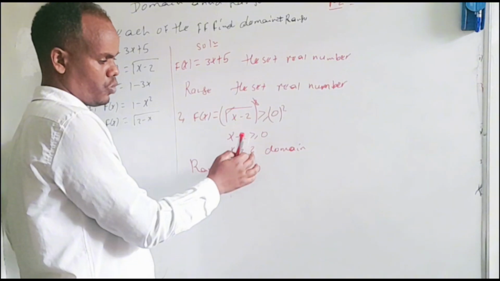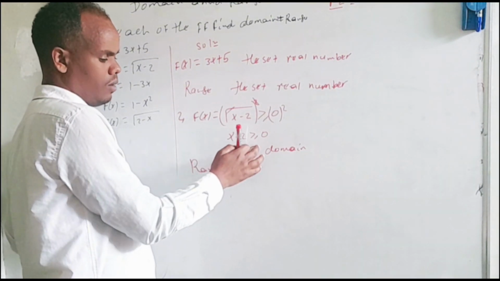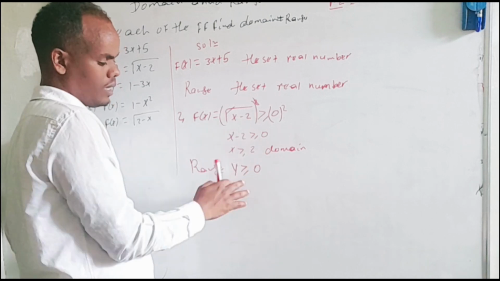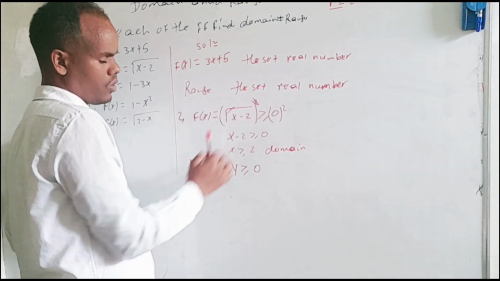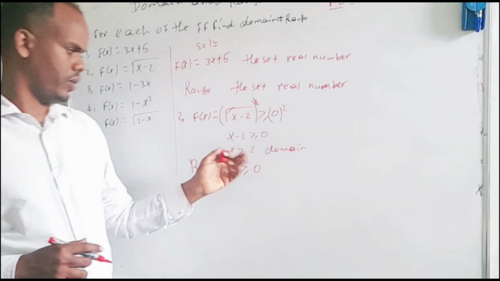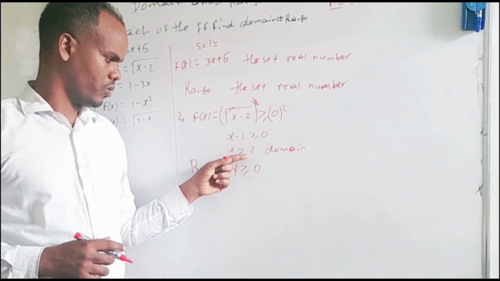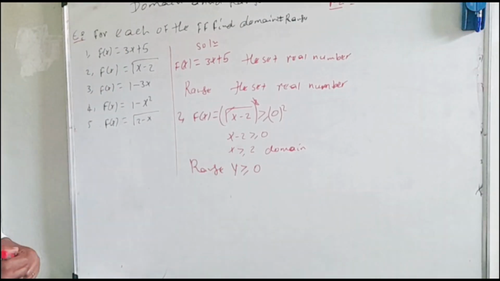When we substitute 2, 2 minus 2 is 0. When we substitute the minimum value of the domain, we get the minimum value of the range. So our domain is x greater than or equal to 2, and our range is y greater than or equal to 0.